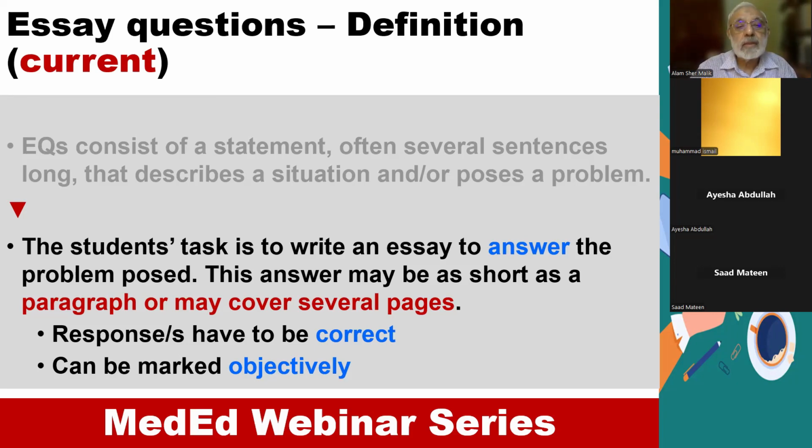That means we construct the questions and prepare the marking scheme in such a way that subjectivity is taken care of and the responses are scored objectively. So this is the modern definition, and this is what we are doing presently in our essay type of questions.